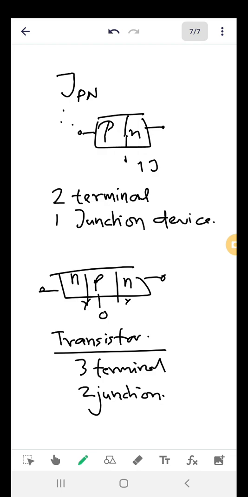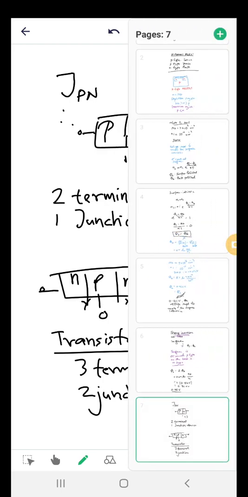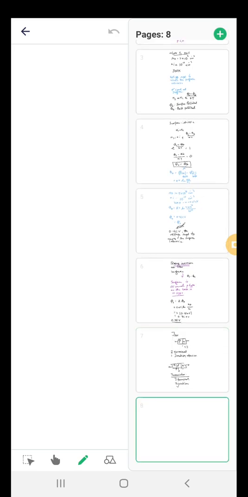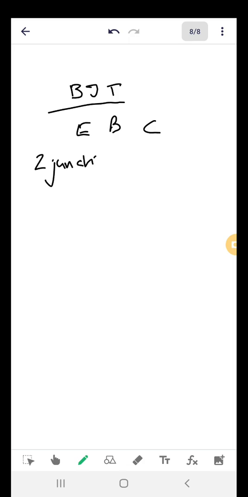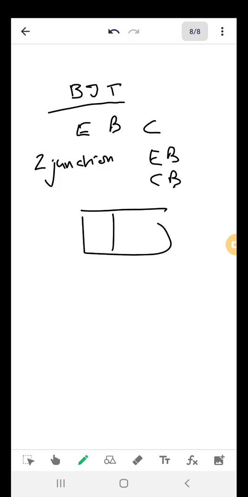Now there are two different types of transistors. One of them is called a BJT, a bipolar junction transistor. So there is an emitter, a base, and a collector. So we have two junctions: one is the emitter-base junction, another one is the collector-base junction.